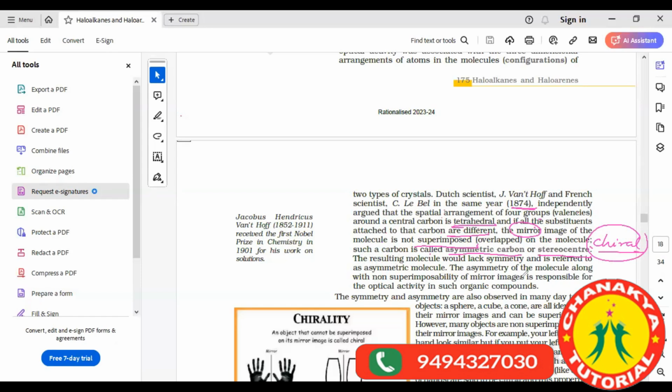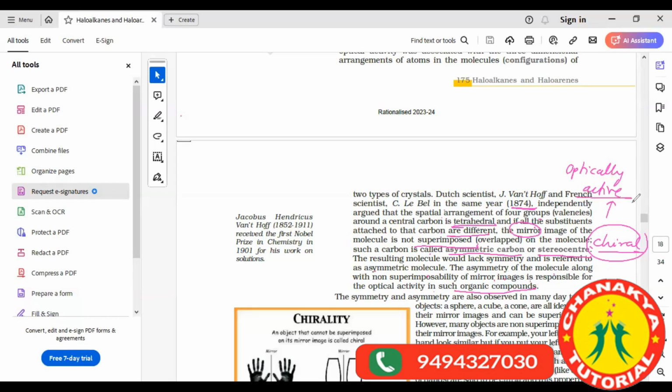The resulting molecule would lack symmetry and is referred to as an asymmetric molecule. Asymmetry of a molecule along with non-superimposable mirror images is responsible for the optical activity in such an organic compound. Means only such a chiral carbon atom is optically active.